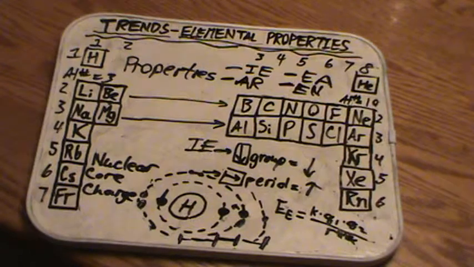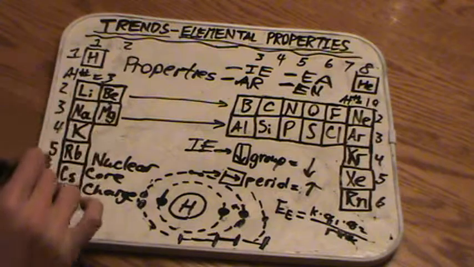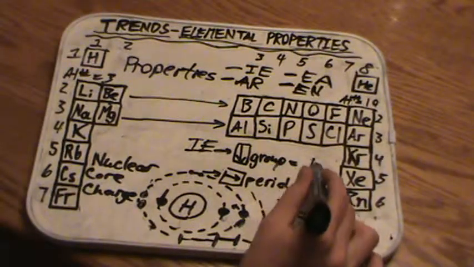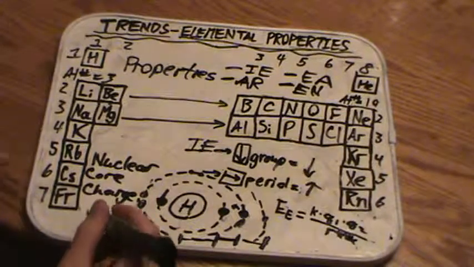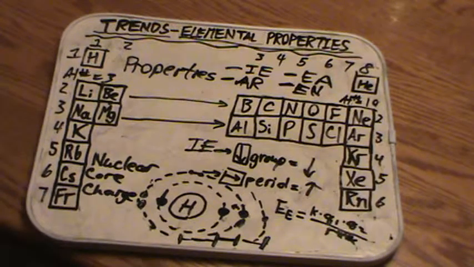Inversely proportional. And if we think about this, as we move down a group, the number of energy levels increases. So the atomic radius increases, which makes the ionization energy go down, because as we talked about in the last video, the amount of energy required to pull this electron, to give it enough kinetic energy to break its attraction with the nucleus, is equal to the electrical energy in the attraction between the nucleus and the electron.